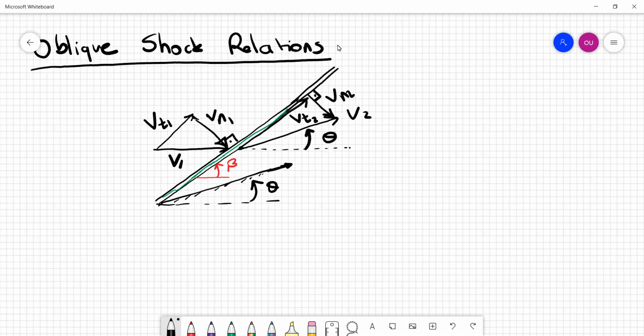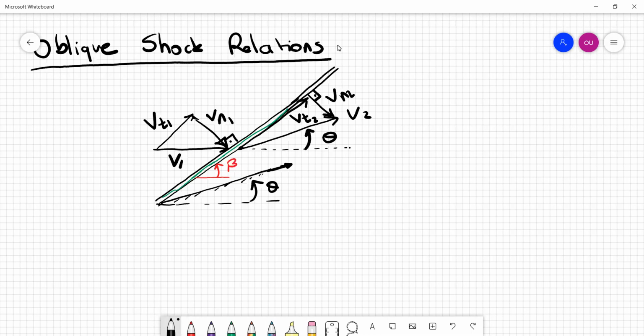Okay. So the thing is, if you remember what we did when we were discussing normal shock, when we were trying to obtain the normal shock wave relations, we selected a control volume and applied conservation equations to that control volume, and obtained at the end what we call the normal shock wave relations.